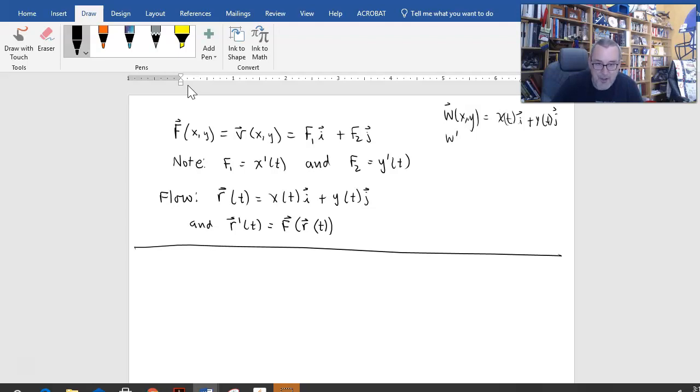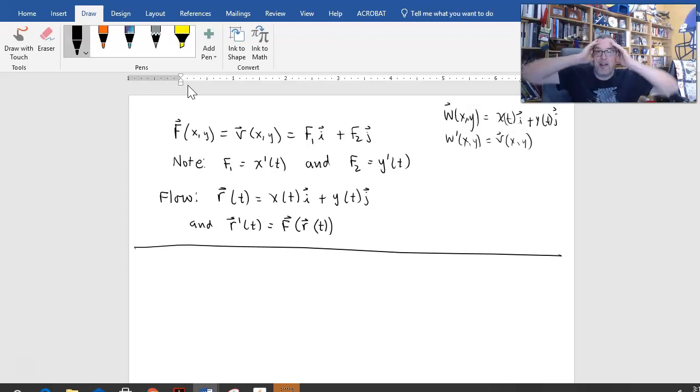So the derivative of the w vector field would be a velocity vector field. And to get that, we're of course going to take the derivative of x and the derivative of y to get that velocity derivative vector field. So that's what we got.